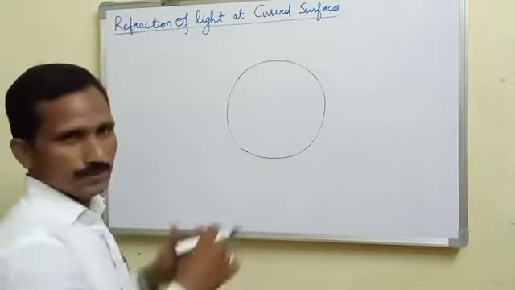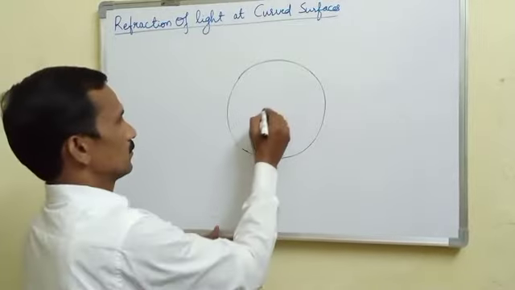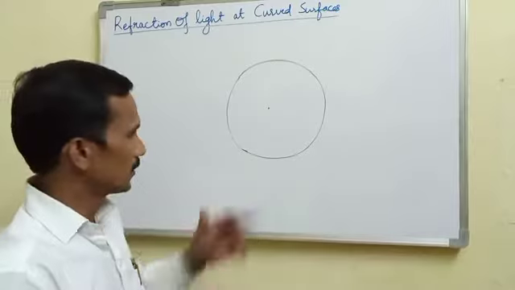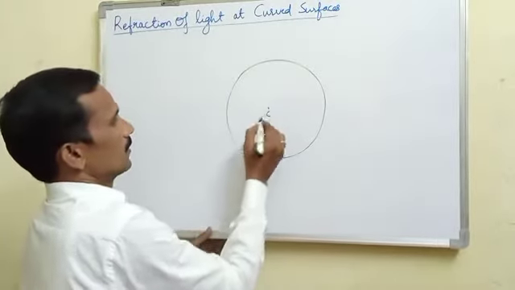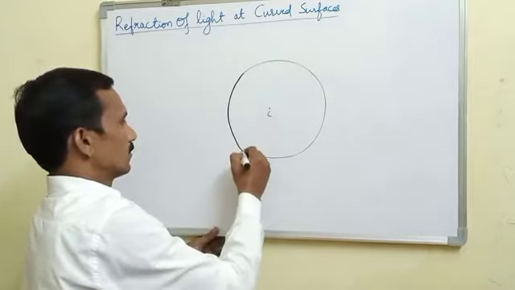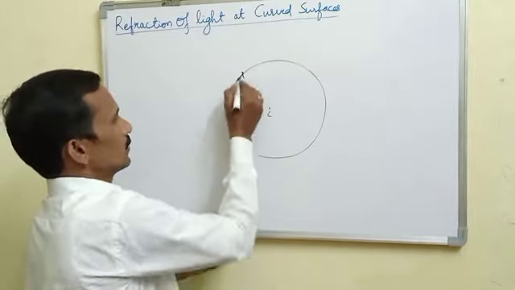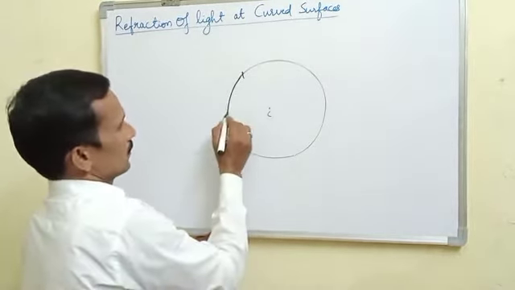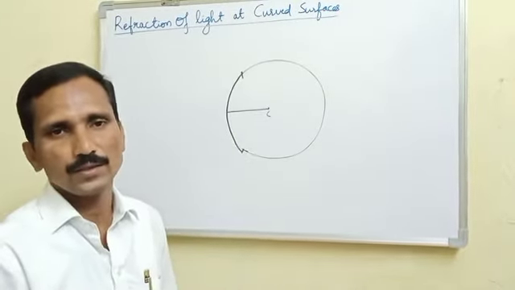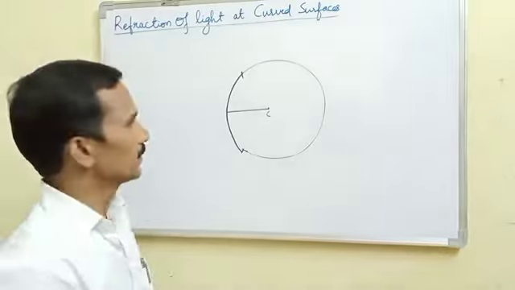This is the glass surface from the top position. This is the center of the sphere, spherical shape. This center of the sphere is the center of curvature for this curve. We know this very well; we learned it in mirrors, in reflection of light.